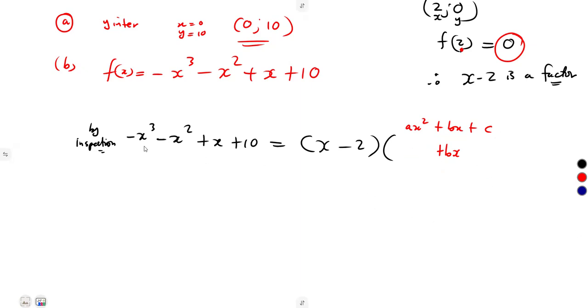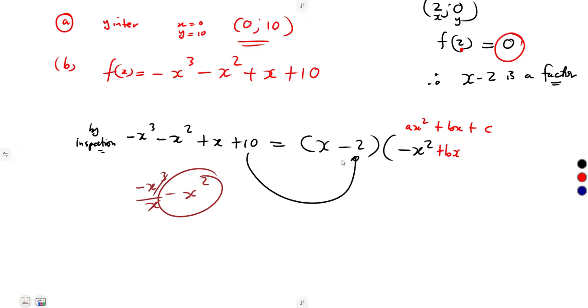You simply take the first term of the cubic divided by the first term in your linear factor, the bracket. So minus x cubed divided by x is going to give us minus x squared. So here I have minus x squared plus bx. For the constant, 10 and negative 2, constant to constant, so 10 divided by negative 2 is negative 5.